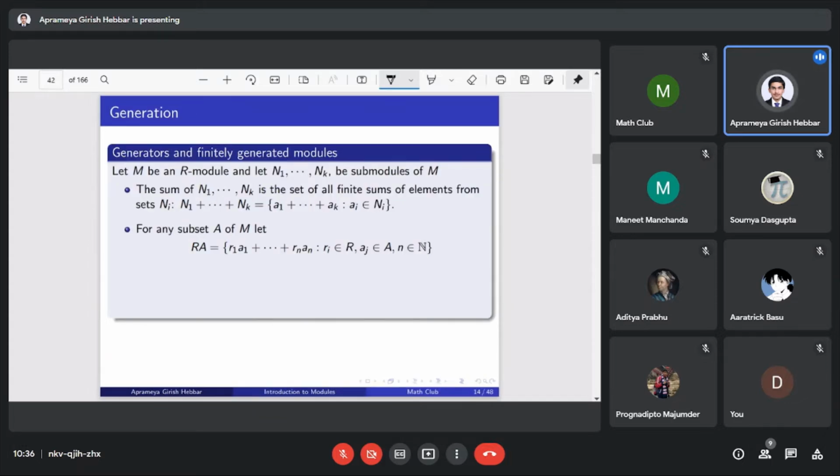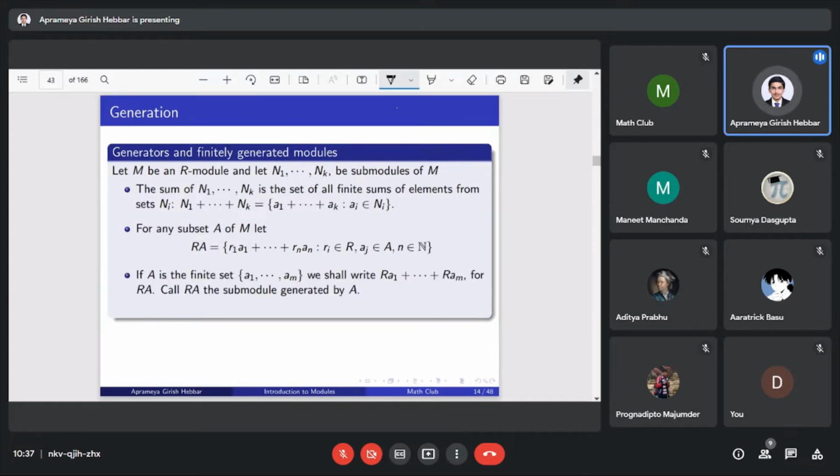For any subset A of M, we denote RA to be r1a1 plus r2a2 up to rnan, where each ri belongs to R and each ai belongs to A. You would have seen a similar definition in rings also. So basically, RA is nothing but the set of all finite linear combinations of the elements in A by R. It is important that you know this definition very well.